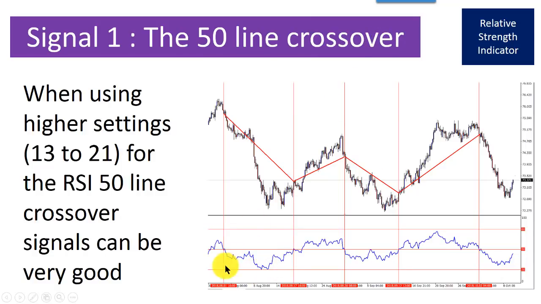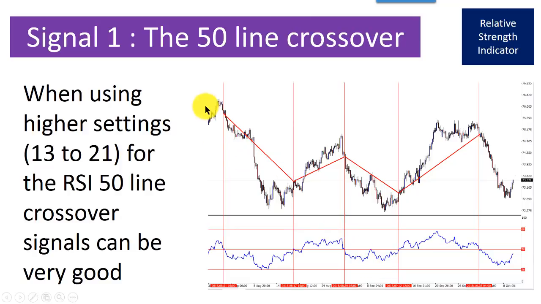What happens here is that when the RSI is low, it's saying this currency is weak compared to the currency it's compared to, and when it's high, it's strong compared to the currency it's being compared to. So obviously when it crosses the 50 line, lots of things actually change. The currency is going from a strong position here to a weak position there. So that's obviously a potential trading opportunity.